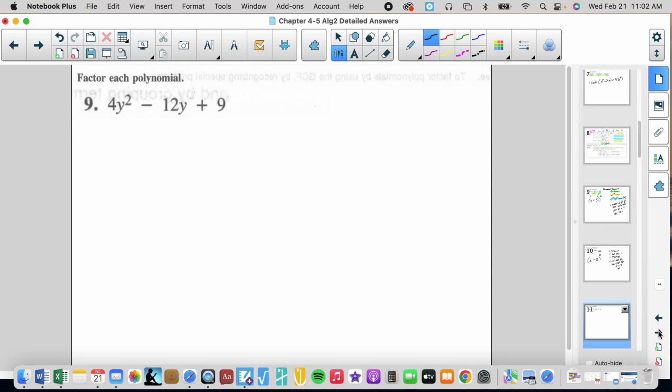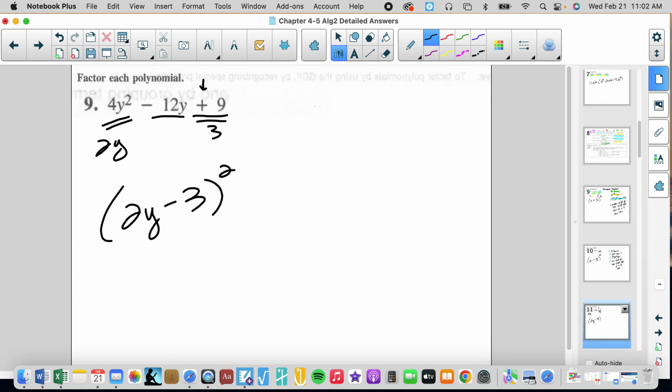3 terms, yes. Second sign positive, yes. First and third terms perfect squares, yes. 2y and 3. If I do 2y times 3 and double it, does it equal my middle term? Yes. So we take 2y minus 3 quantity squared.